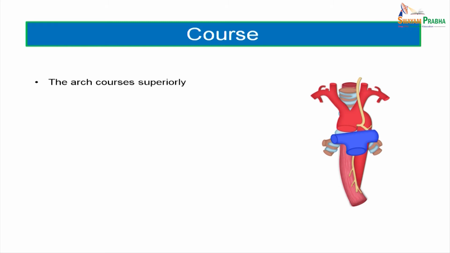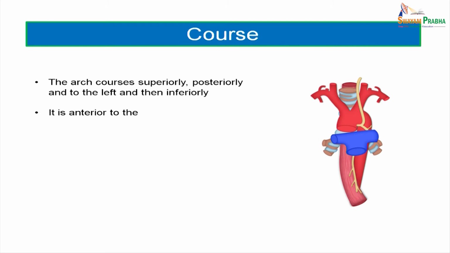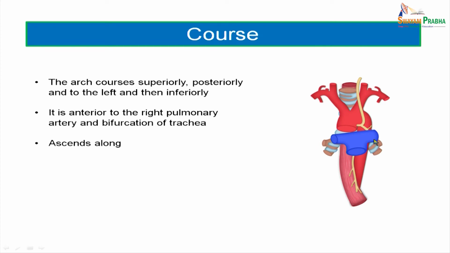So what is the course of this arch? Initially the arch courses superiorly, posteriorly, and to the left, and then finally inferiorly. It is anterior to these two structures, that is the pulmonary artery and the bifurcation of the trachea. It then ascends upwards on the left side of the trachea and esophagus.